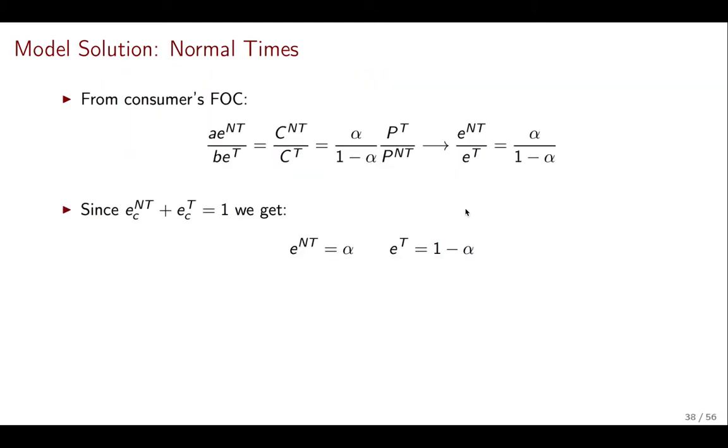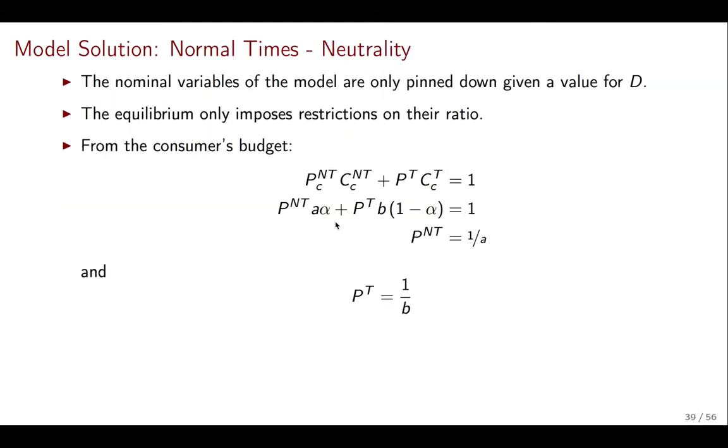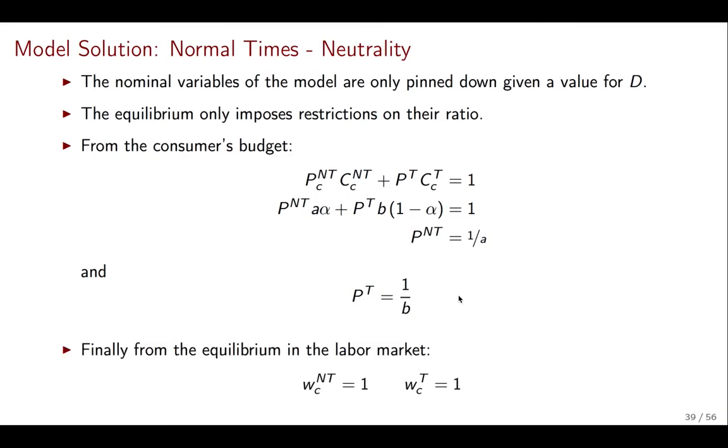So if you replace that in the budget constraint, it's going to be an equation only in terms of PNT. You're going to find that PNT is equal to 1 over A. And hence, from that same equation, PT is 1 over B. And then finally, from equilibrium in the labor market, you can find that the wages have to be equal to 1. We knew they had to be equal to one another.